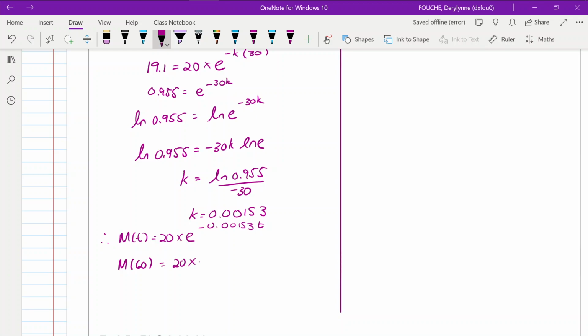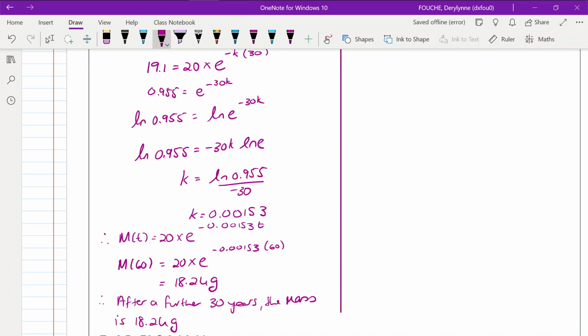That's going to be 20 times e^(-0.00153 times 60), and that gives me 18.24 grams. So therefore, after a further 30 years, the mass is 18.24 grams.